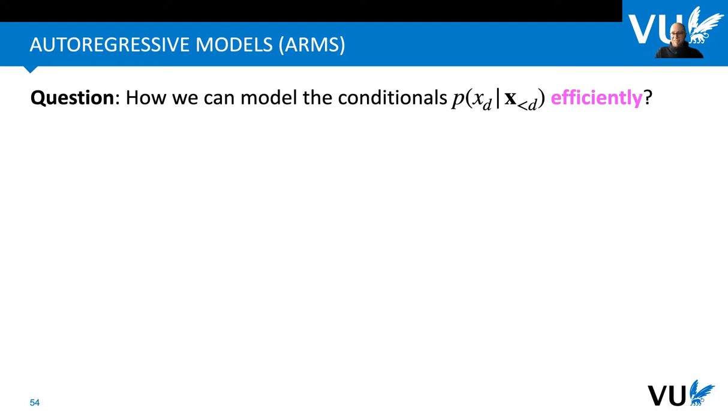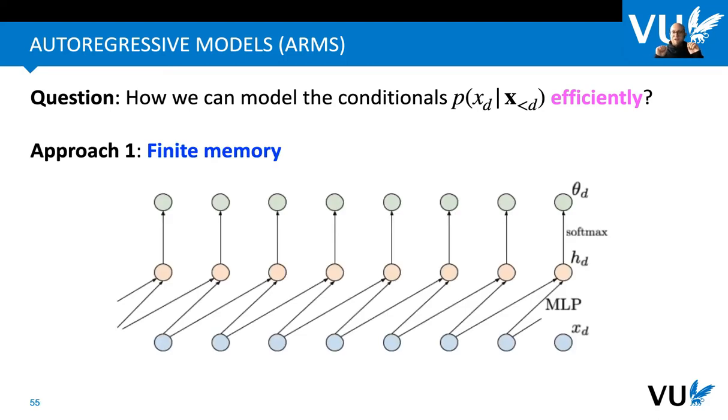All right, I said memory, so we can actually use something that has finite memory, right? We can use a shared model for every single conditional, one single model with the same shared parameters across all pixels. And we can say, let us consider this model that will look only at the last 2 pixels, so it will be P of XD conditioned on XD minus 1, XD minus 2.